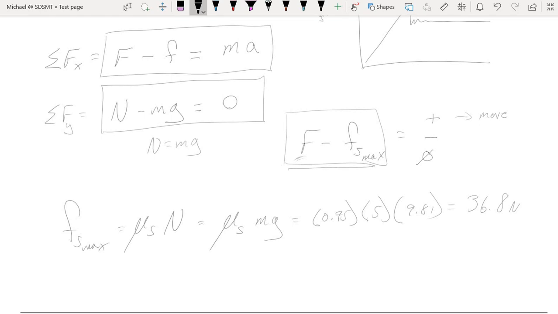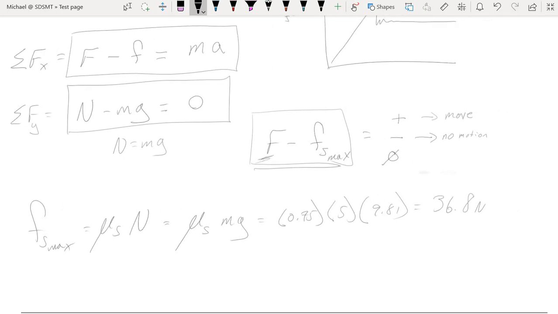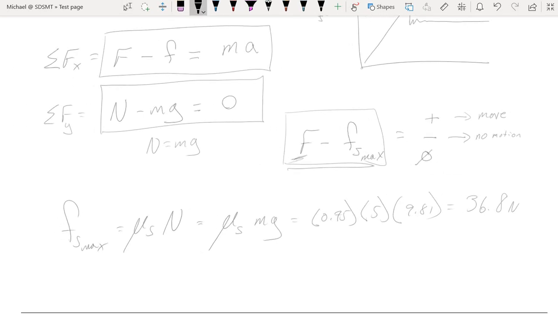If this combination comes out to be negative, that means that we have more than enough static friction available to keep the applied force from moving us. And so there will be no motion, which means that the acceleration in the system will equal 0.